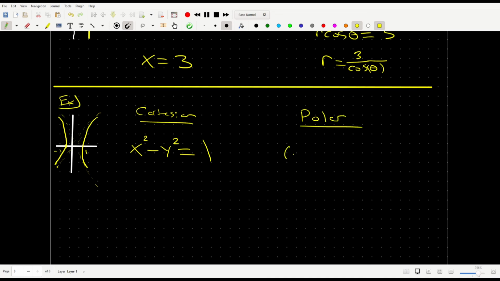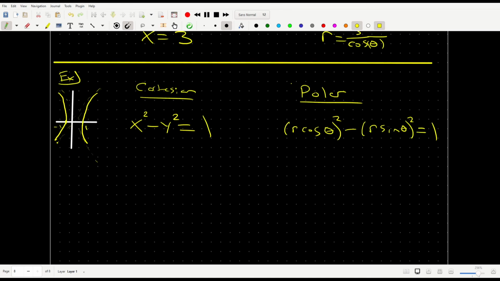is going to be (r cosine theta) squared minus (r sine theta) squared is equal to 1. Or if we factor out an r squared, we'll get that r squared times (cosine squared theta minus sine squared theta) is equal to 1, or r squared is equal to 1 over (cosine squared theta minus sine squared theta).